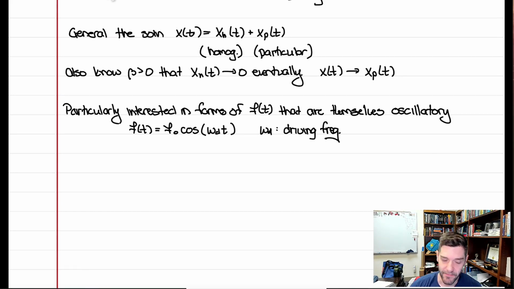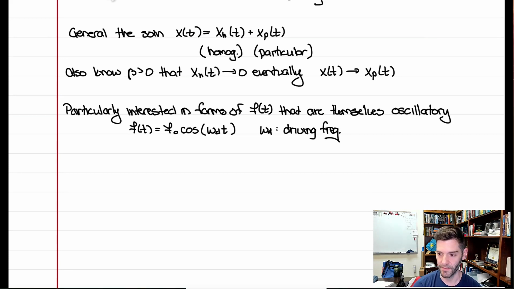This actually will play a very important role, and we'll see in the next module that we can describe any sort of general driving force in terms of a bunch of oscillatory forces, something called Fourier series. But these themselves arise very naturally in a lot of contexts as well.